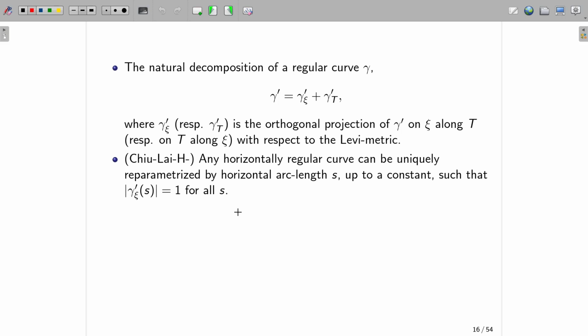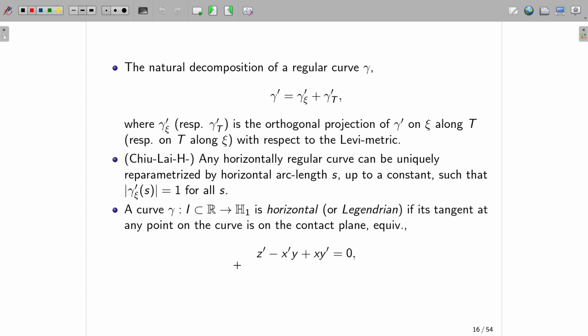And we prove that any horizontal regular curve can be uniquely reparametrized by horizontal arc length s, up to a constant, such that the length is equal to 1. The result is quite similar to that in Euclidean space, where you can always reparametrize any regular curve so that it is an arc length parameter.